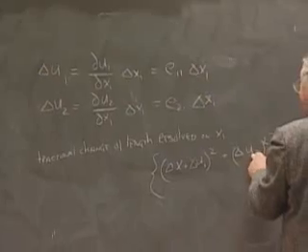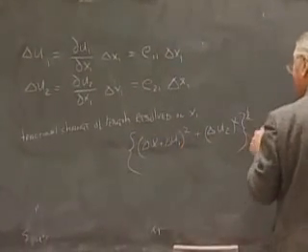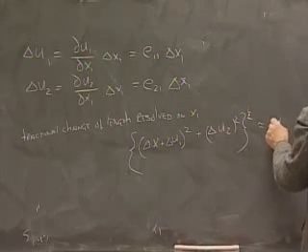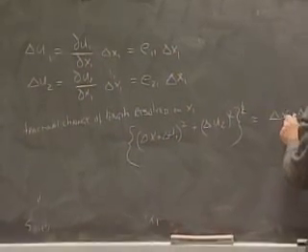And now I'm going to say that delta u2 is negligible compared to this big delta x plus delta u1, and I'll say that this is approximately equal to delta x plus delta u1.